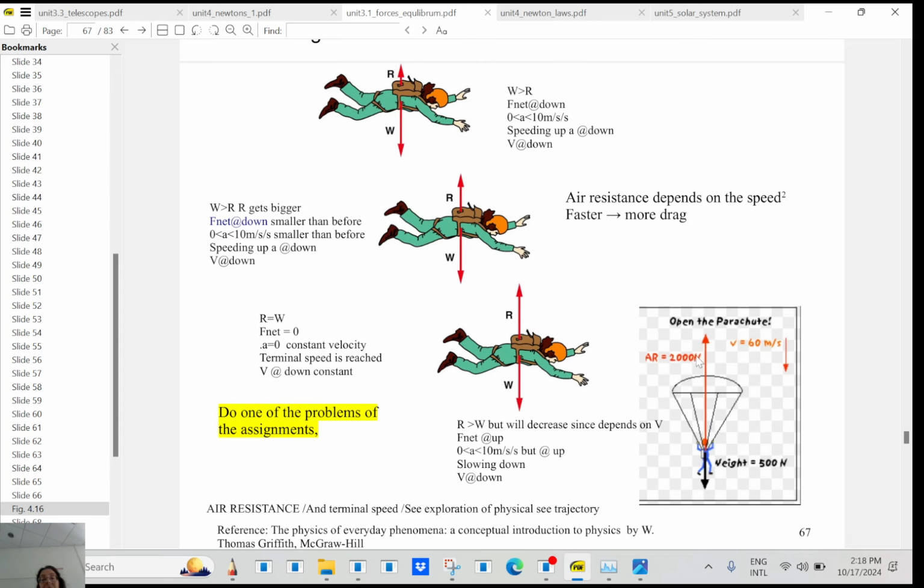And because she's slowing down, at some point air resistance is going to decrease, match the weight, and she has a new cruising speed. You have to do that, otherwise you're going to crash on the ground, right? You have to slow your speed as much as possible before you land.